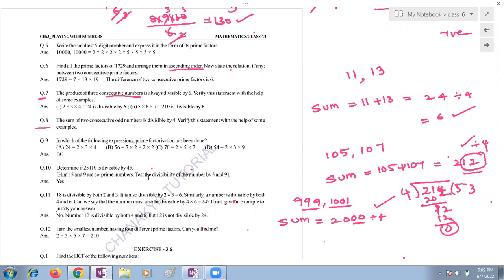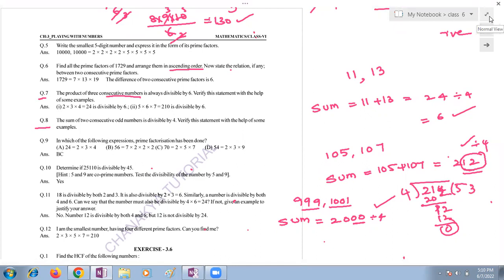5 and 9 are co-prime numbers, because there is no common factor except 1. Please recollect once again your concept about co-prime numbers. Like 3 and 5, they have only 1 as the common factor. Such a pair of numbers we call co-prime numbers.